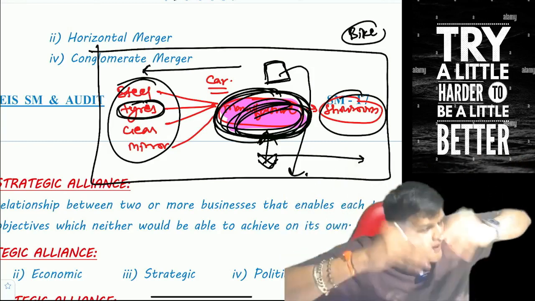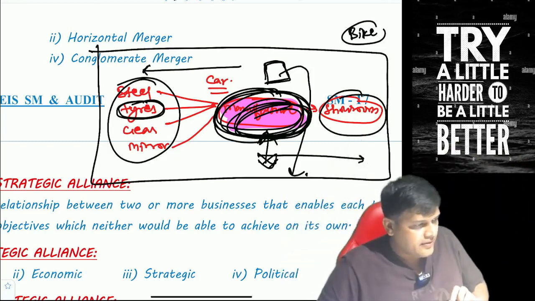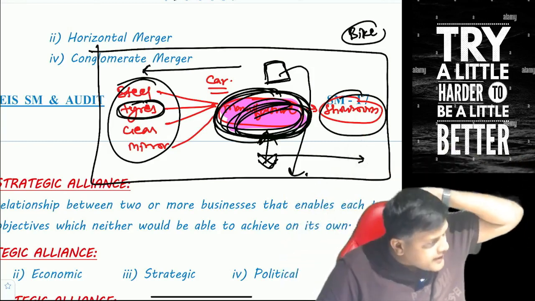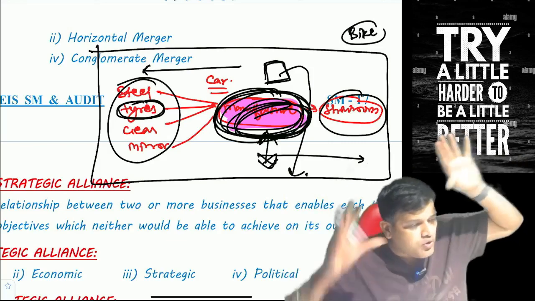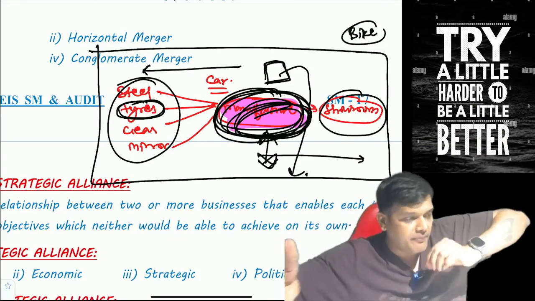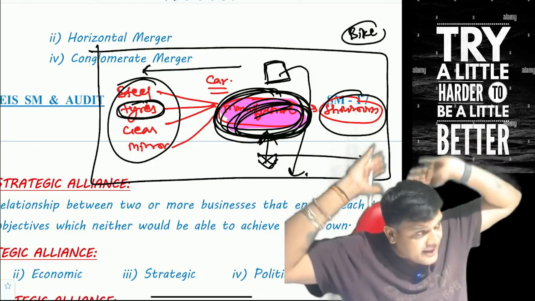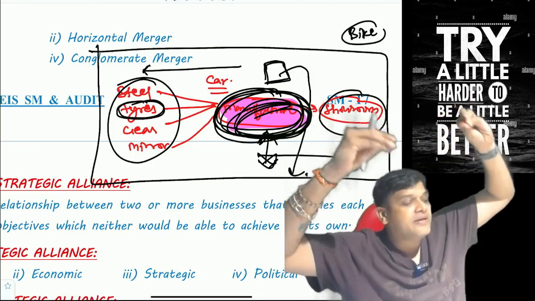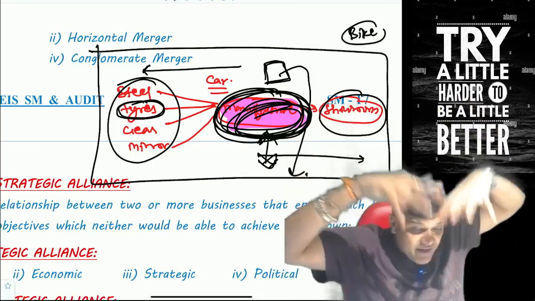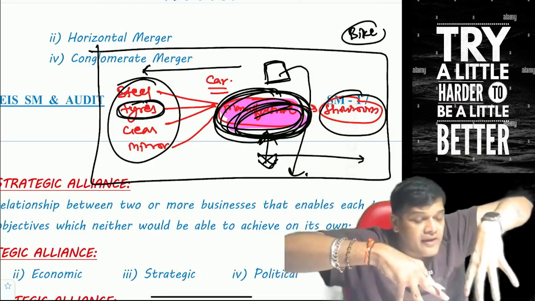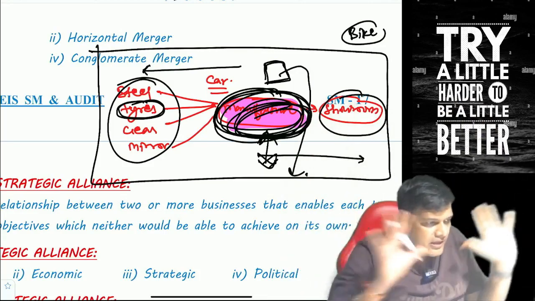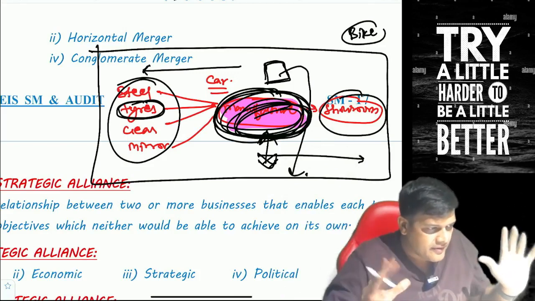In concentric, you are nowhere in the chain. If I am manufacturing anything outside this chain, but related, it is concentric. If I am manufacturing anything within the chain, it is vertical. If I am manufacturing the same thing I am already doing, it is horizontal. Conceptually clear now, Malik? Everyone?